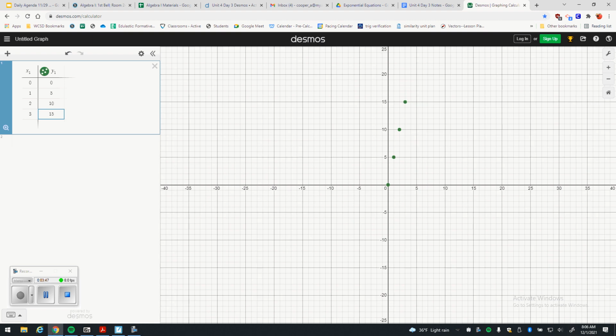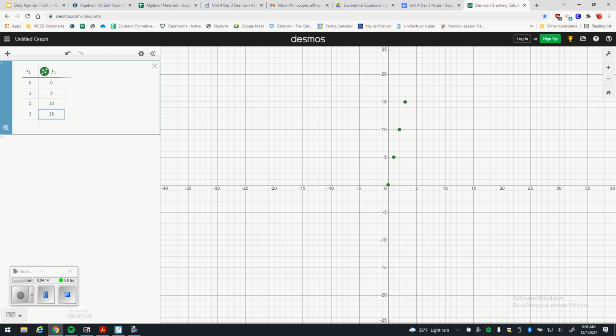What does a linear line look like? It either looks like this, or it looks like that. It's a straight line. What did exponential growth look like? It looked like a J. And decay looked like this. You guys know what I mean.